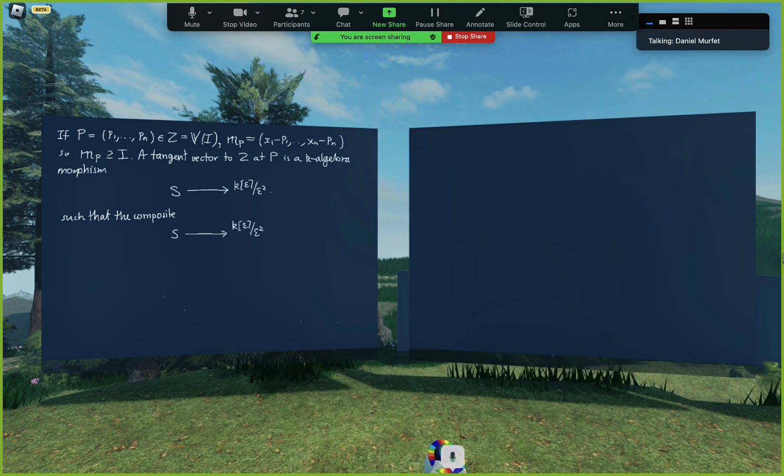Oh no, this wasn't correct. If I post-compose with the map that sends epsilon to 0, well, that's a K-algebra homomorphism to a field, so it's exactly quotienting out by some unique maximal ideal, and that maximal ideal should be MP.